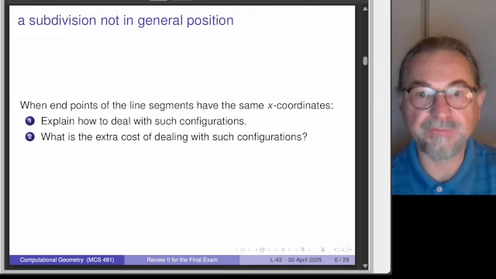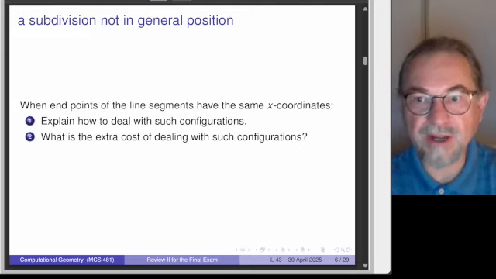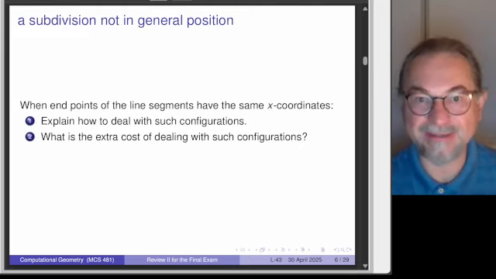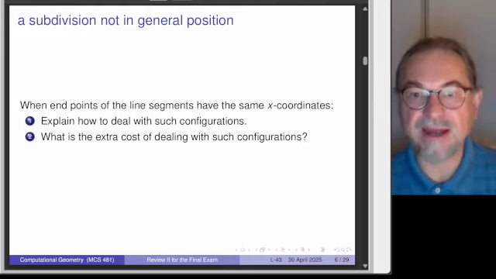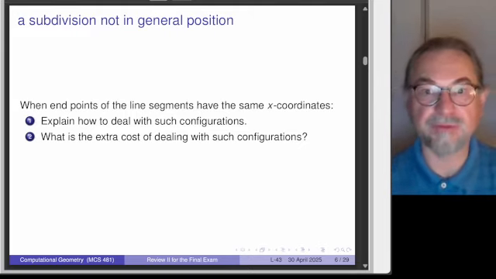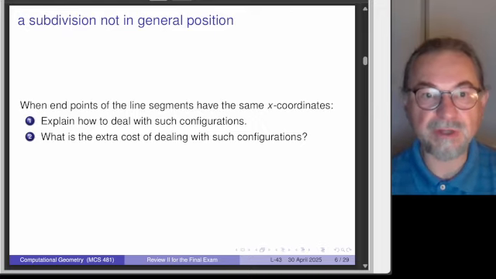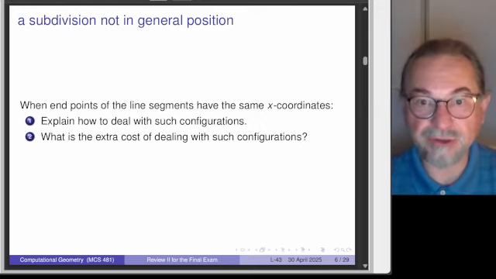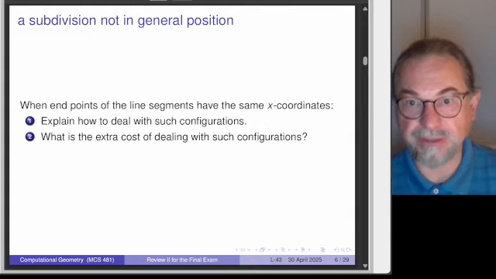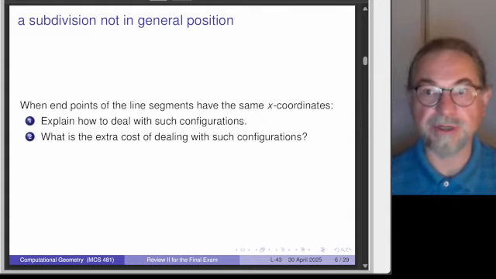Therefore, the first question: what would you do if you have line segments where several of the endpoints have the same x coordinate? So they are lying on top of each other. Explain how to deal with such a configuration, and also, is there an extra cost of dealing with such a configuration?